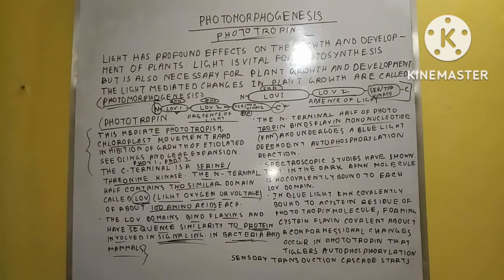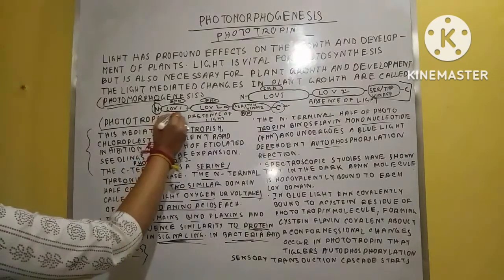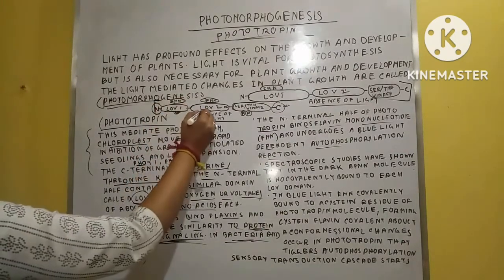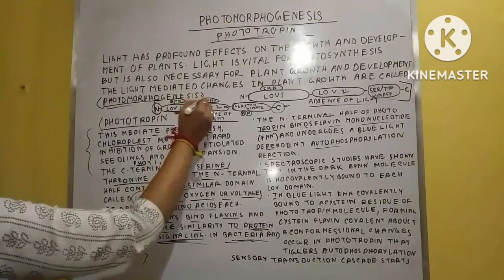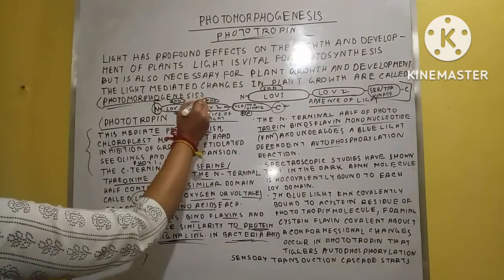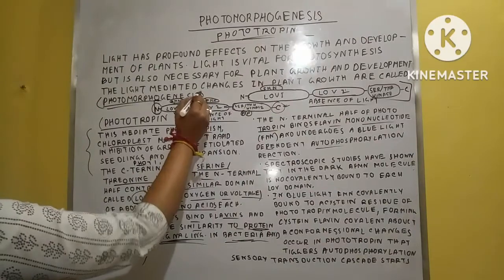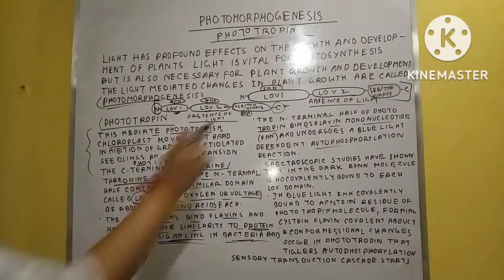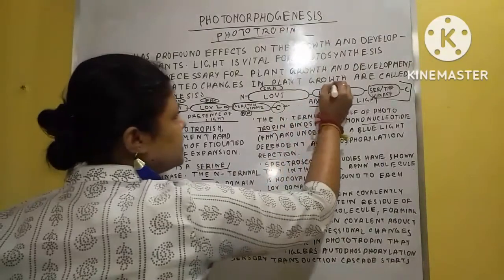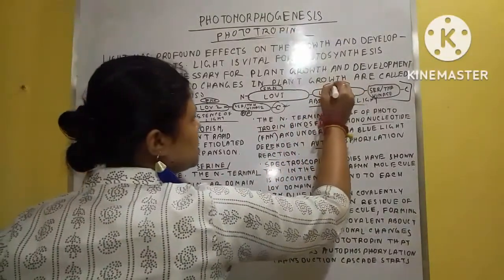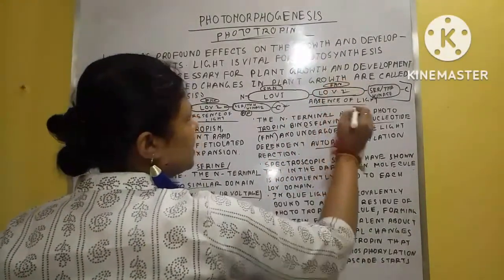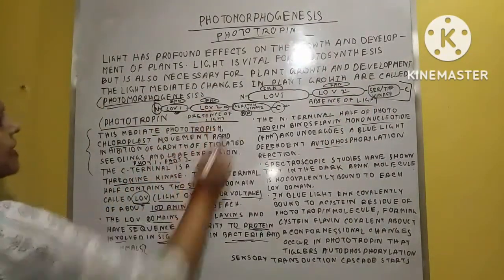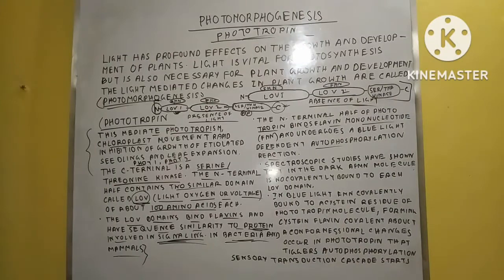You can see here that this domain is bound to the FMN, and this one is also bound to the FMN. This situation generally arises when the light is absent, and this situation generally arises when the light is present.